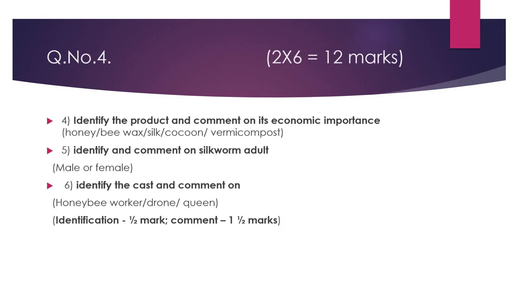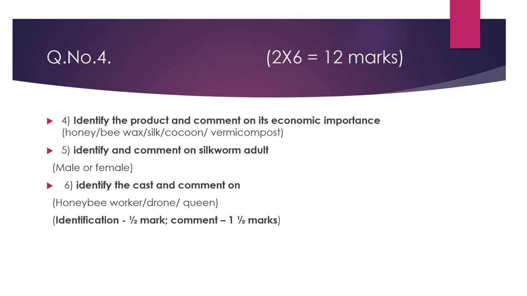Then question number 4. Identify the product and comment on its economic importance. You will be given either honey, bee wax or silk or cocoon or vermicompost. You have to identify the given product and comment on its economic importance.